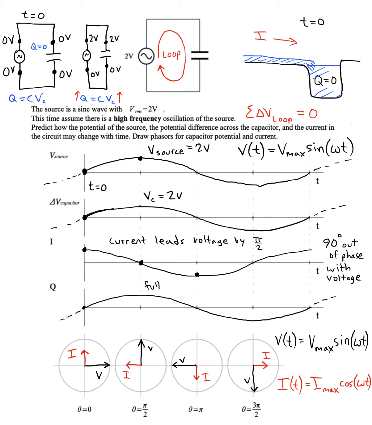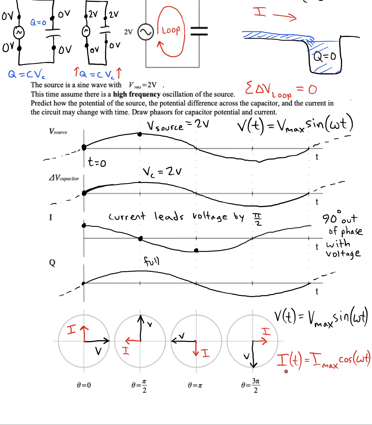It's either that or we could use a phase shift if we want to write it in the form of sine. So if we want to write it in a different form but still get the same values, we can do that. We can write I max times the sine of omega t, and then we'll just shift it by pi over 2.